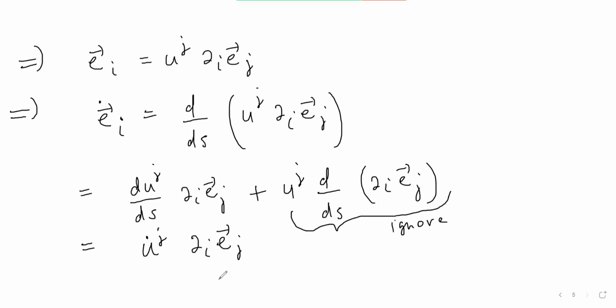So therefore, now we've got e-dot_i is equal to u-dot_j multiplied by partial_i e_j. Let me rewrite this on the next page. So e-dot_i is equal to u-dot_j multiplied by partial_i of e_j.